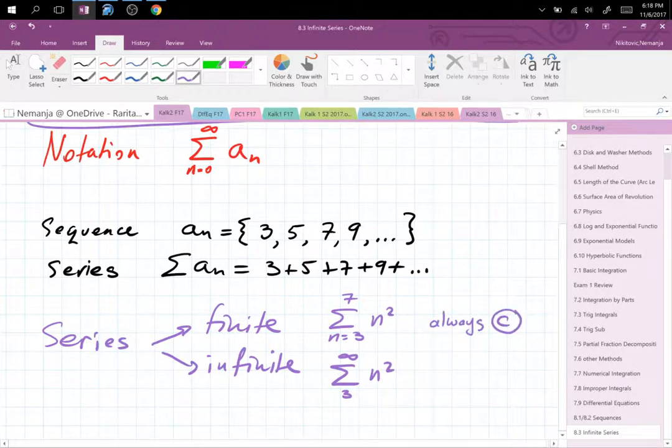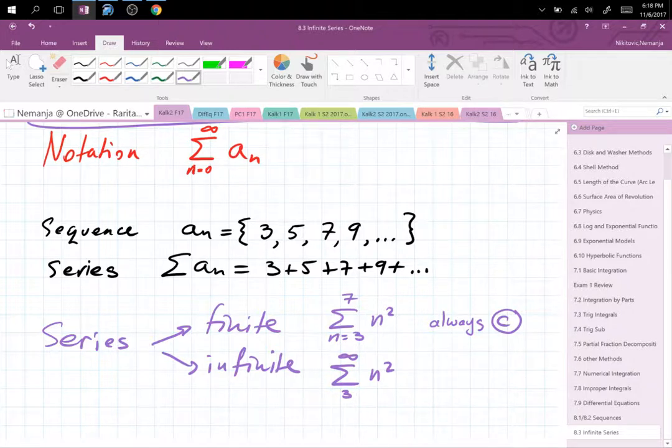That should be common sense, because you have to add a finite amount of numbers. In this case, we have 3 plus 4 plus 5 plus 6 plus 7, so 5 numbers, and you add those 5 numbers. So you will have 3 squared plus 4 squared plus 5 squared plus 6 squared plus 7 squared. You can work it out on the calculator and get a number at the end. So finite series always converge.